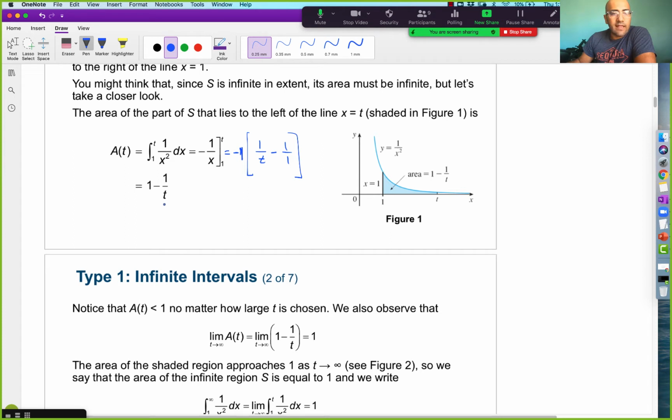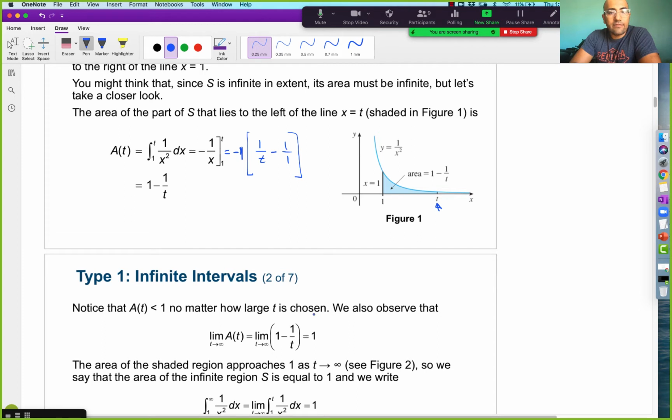And this is valid for any value t, such as this guy right here. Here's our t value. So if we stop anywhere, then we would end up with this as our answer. Once we have that, all we have to do is let t go out to infinity, and we'll be able to figure out the area.